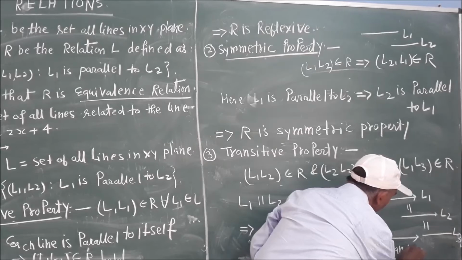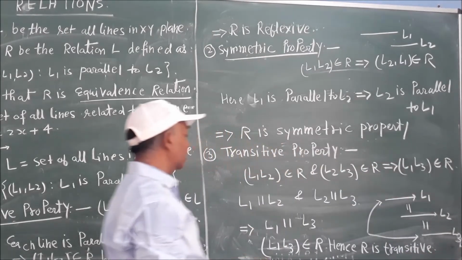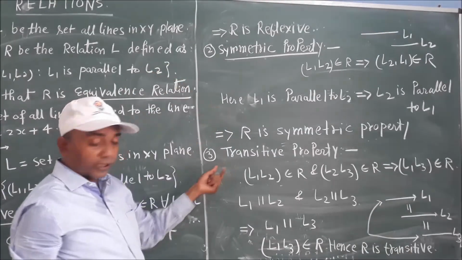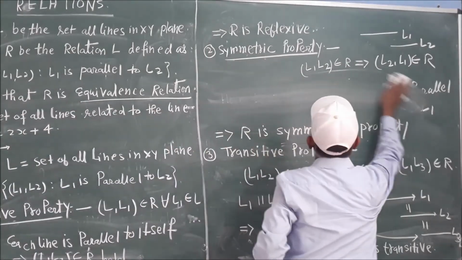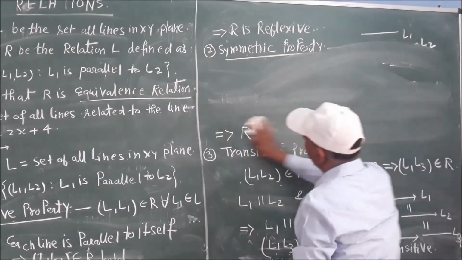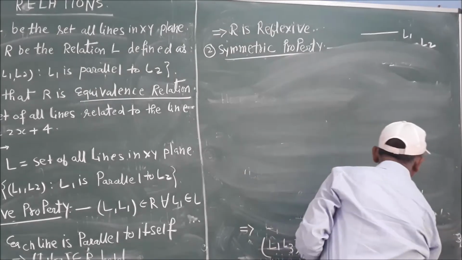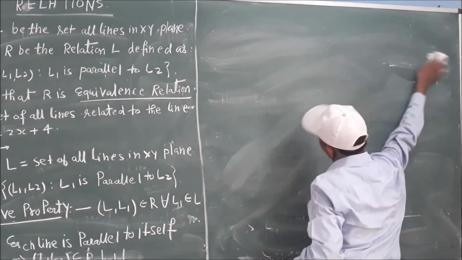So we have shown that R follows all these three properties of equivalence relation, which are reflexive, symmetric and transitive. So from here we can conclude that R is an equivalence relation. So we should write here, this implies R is an equivalence relation.